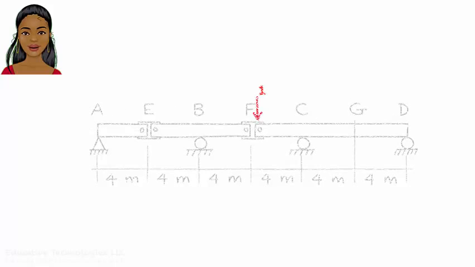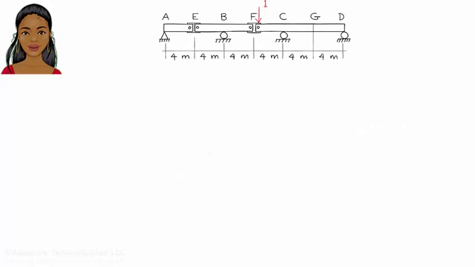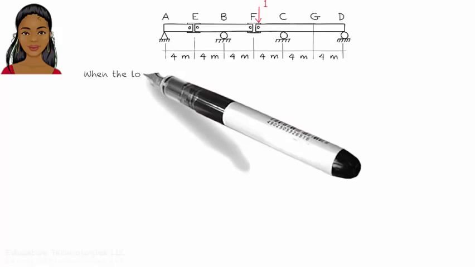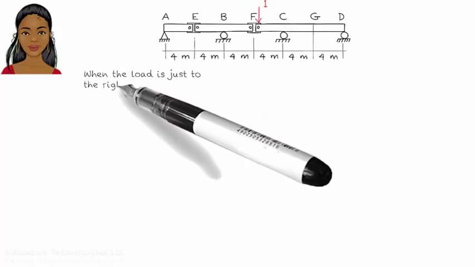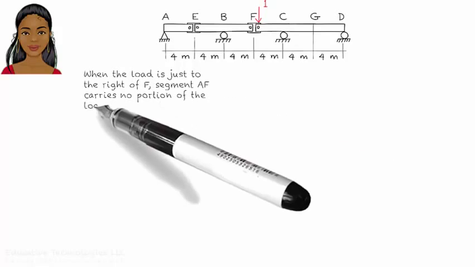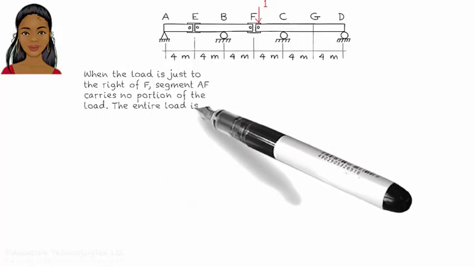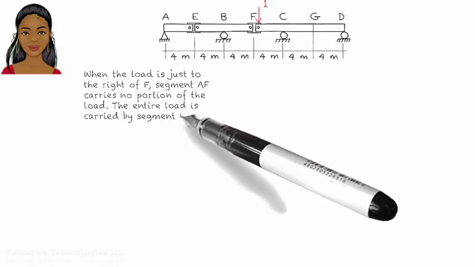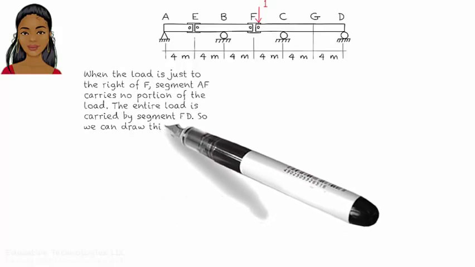Here's the beam analysis. When the load is just to the right of F, segment AF carries no portion of it. That is, the entire load is carried by segment FD. So we can draw this.